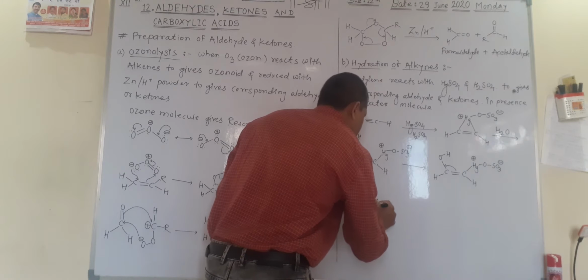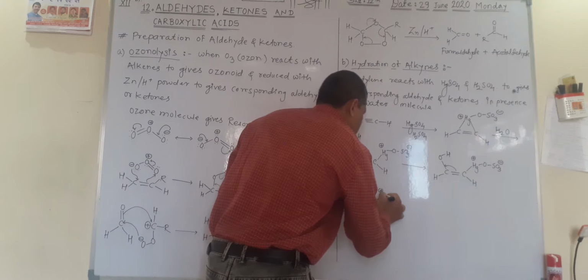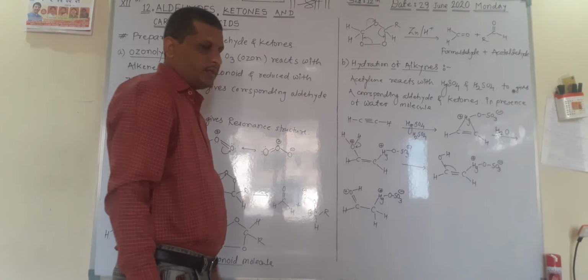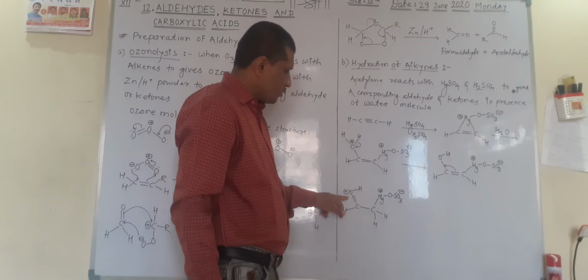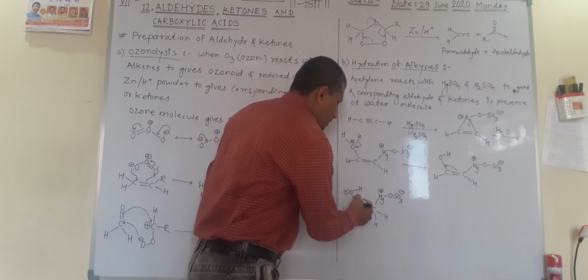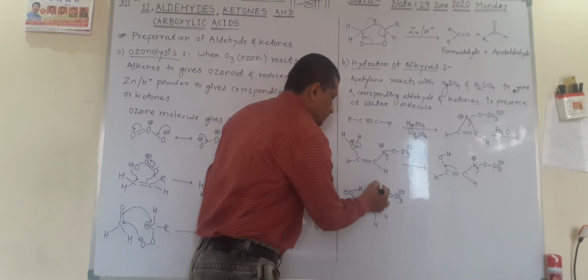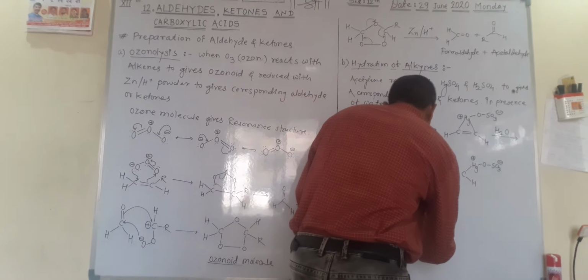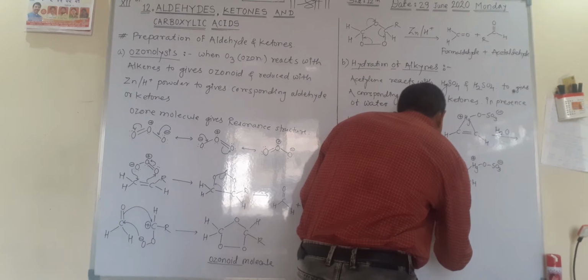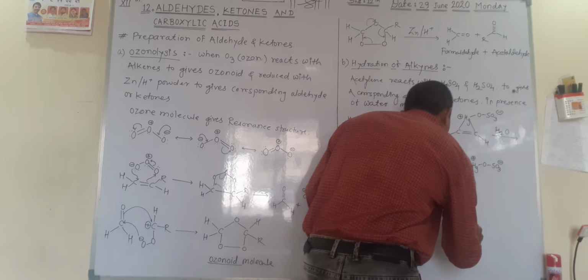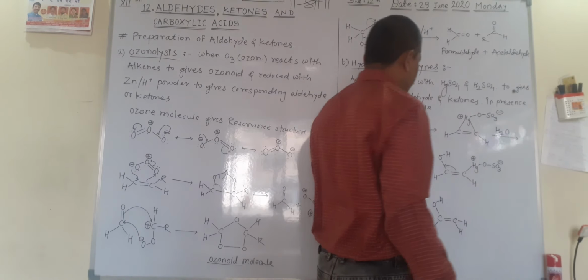H, Hg plus, OSO3 minus, and again this double bond can be shifted to here, and the Hg group can be removed from this compound, giving OH double bond CH2.